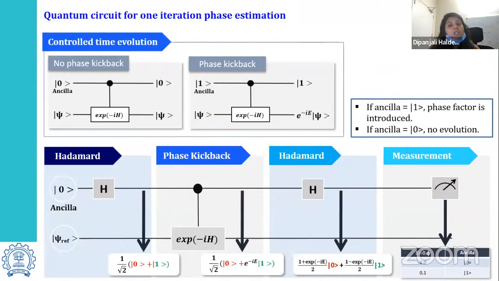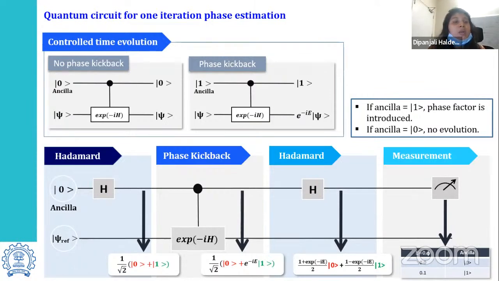Not going into the mathematics, let me show a very basic and simple quantum circuit for the phase estimation algorithm, simplest because we have restricted ourselves to calculating the eigenphase only till the first decimal place.